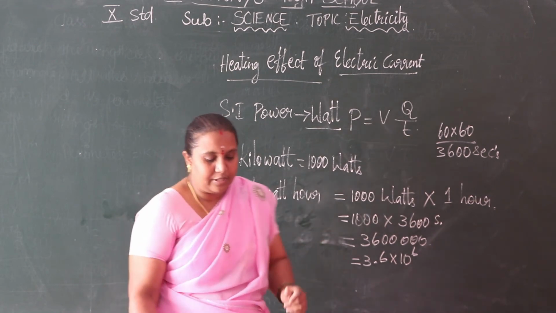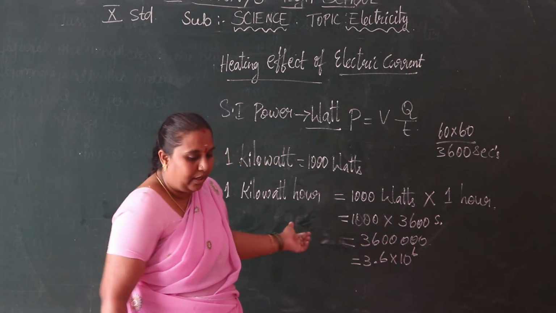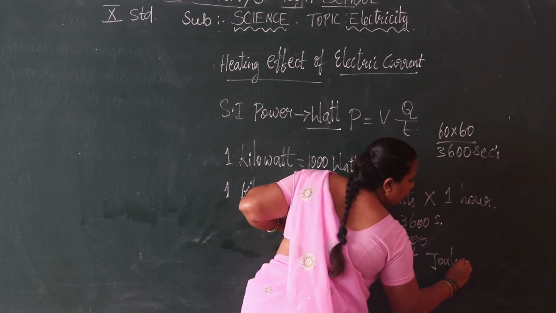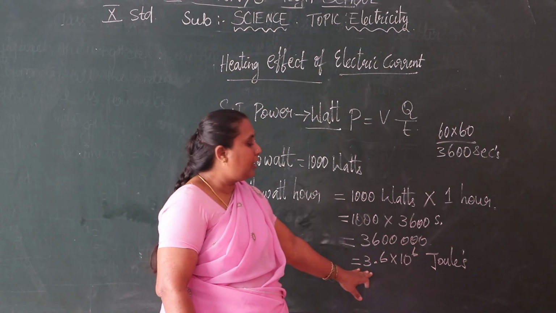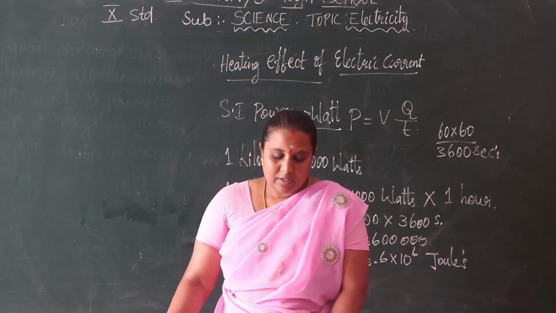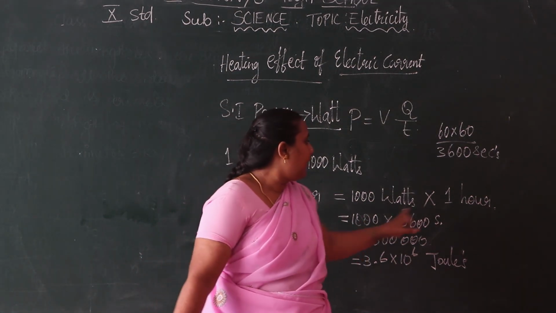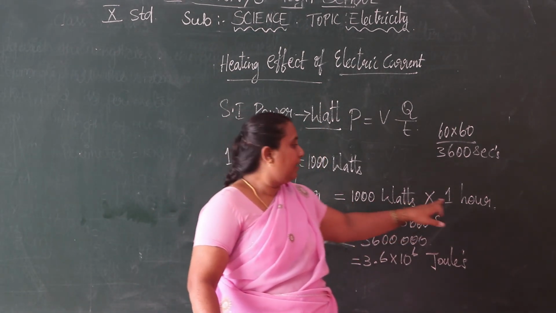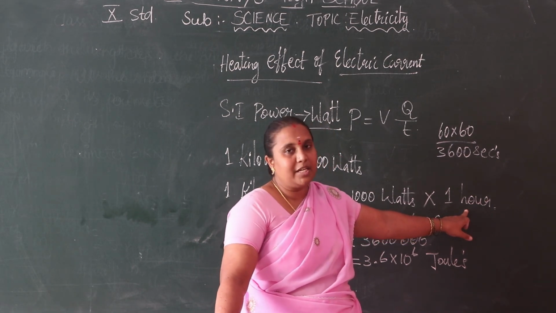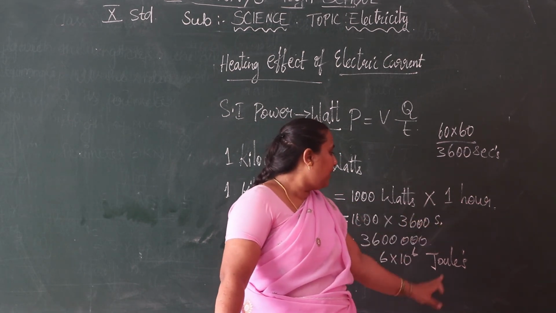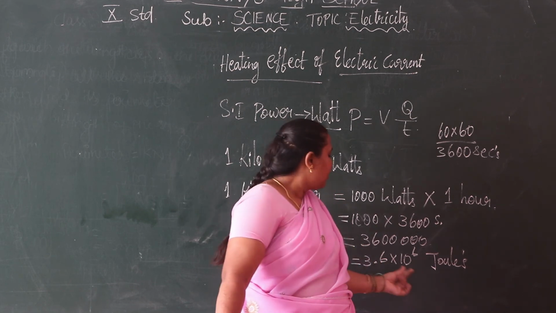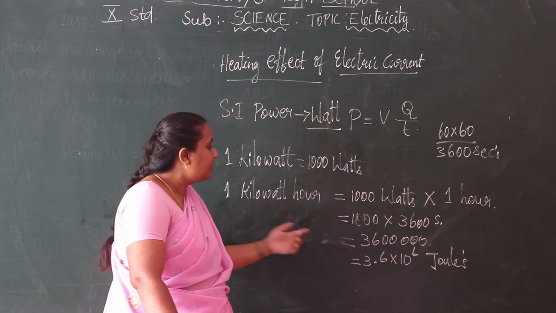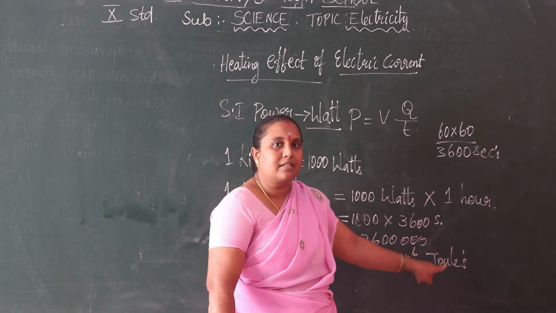So 3.6 into 10 to the power of 6 joules. The power consumed in 1 kilowatt hour is 3.6 into 10 to the power of 6 joules.